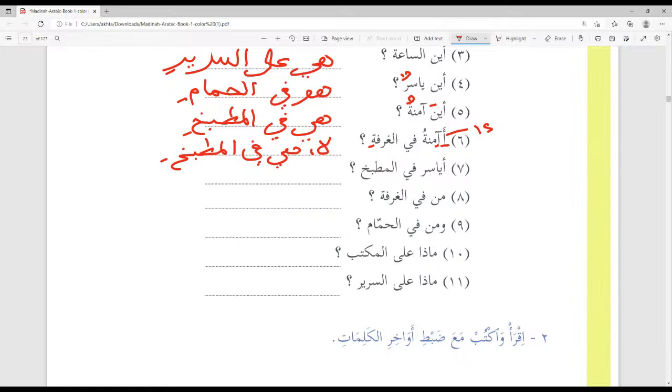Next one. ودود. أياسر في المطبخ. الجواب: لا هو في الحمام.